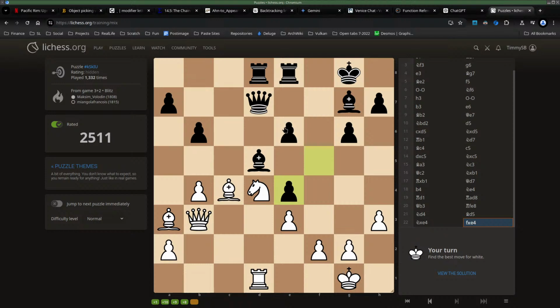So if he takes with the rook, then I can take the bishop with my rook. And that's a lot of threat. Although I could just take it, but okay, I guess the queen.